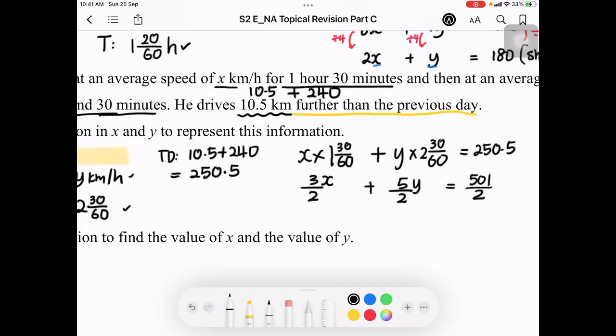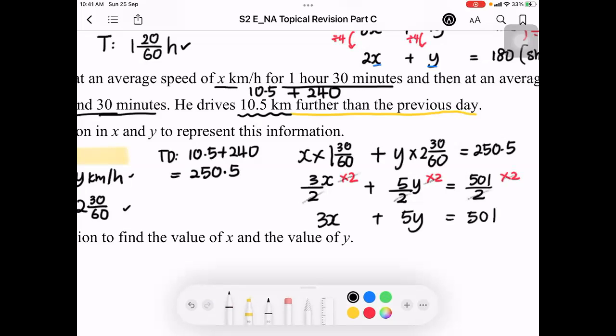Okay, then the next thing, I do not want a fraction, so everything I times 2 throughout. Then I notice the denominators cancel away. So left with 3x plus 5y equals 501.